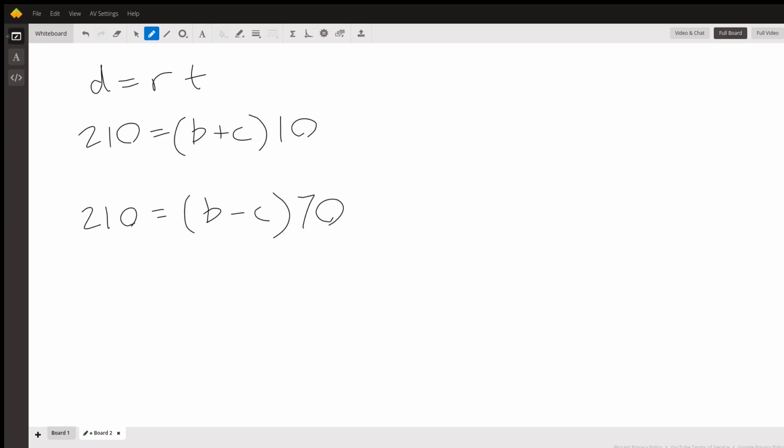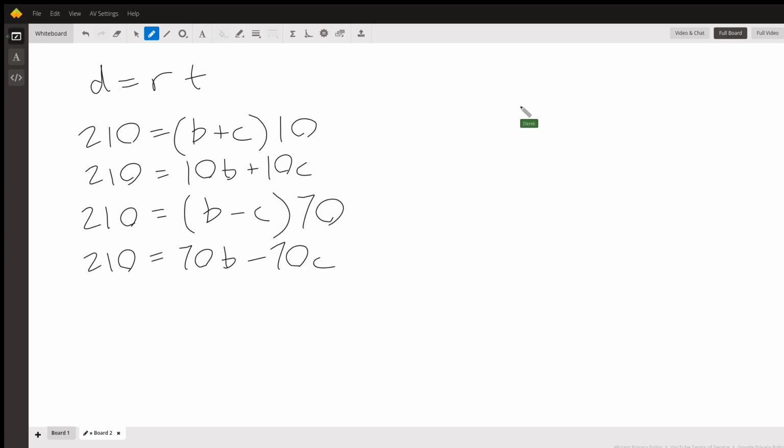So why don't we start by distributing the 10 in that first equation. So we got 10B plus 10C. And let's distribute the 70 in our second equation. So we got 70B minus 70C.